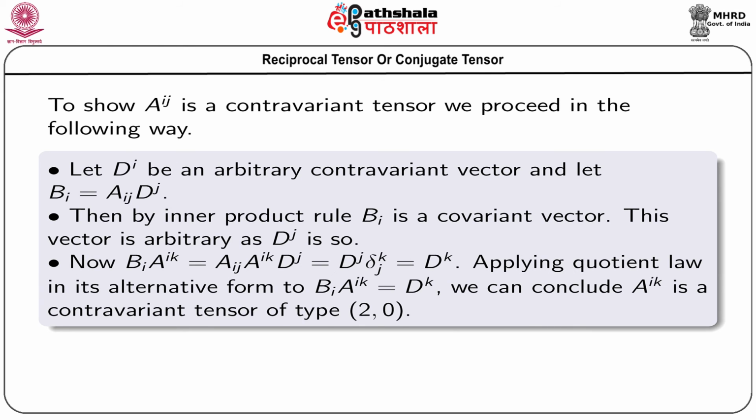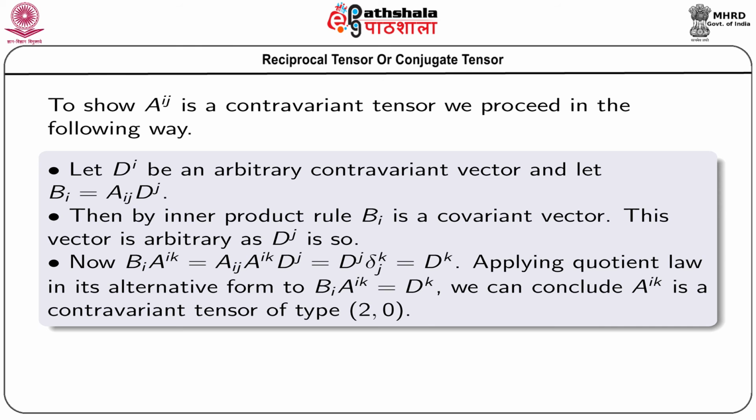Now, b_i A^ik can be written in the form A_ij A^ik d^j, because in place of b_i we are writing A_ij d^j, and from the previous slide we got that A_ij A^ik is delta kj.